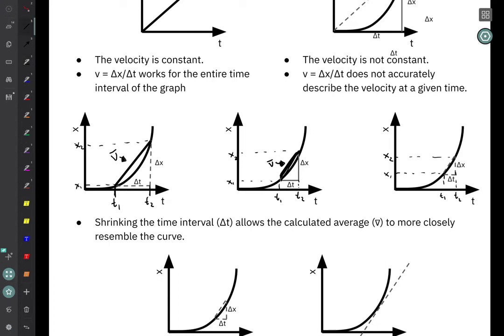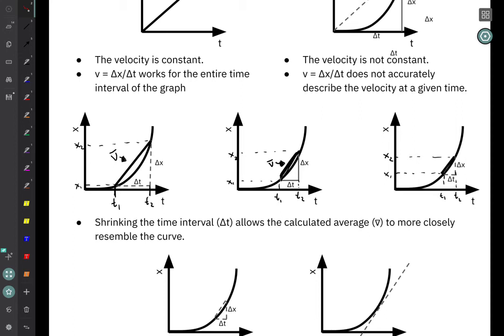So when we are connecting those 2 points, it looks like it's basically just connecting the curve, where we can barely see any of that blank space between where our curve is and the line of best fit between those 2 points. So when we're showing this change in position and change in time here, it's doing a really good job of representing the velocity in that region. It's still not going to be absolutely perfect, but it is a way for us to get a little bit closer.